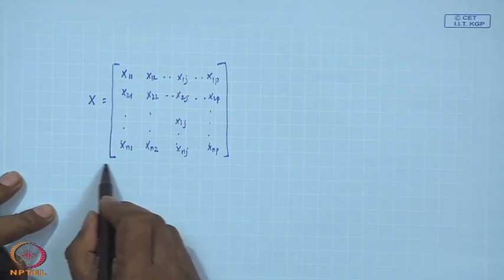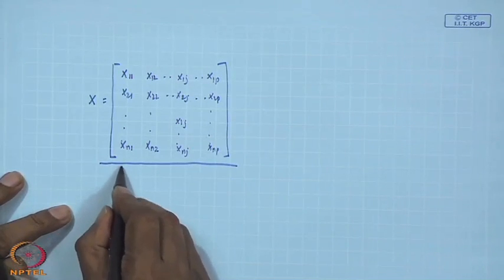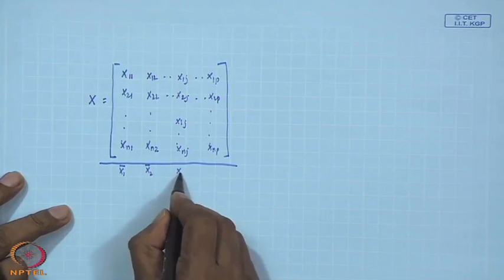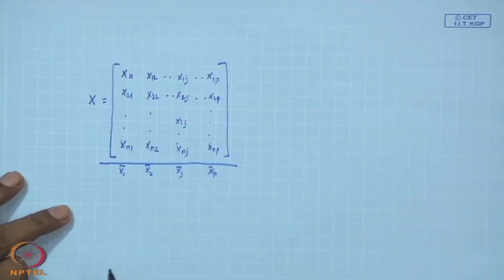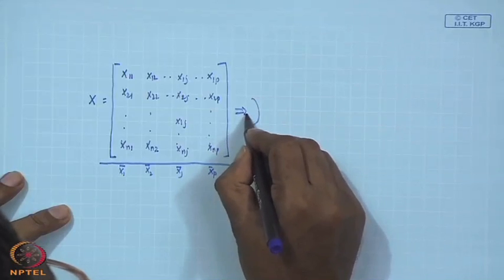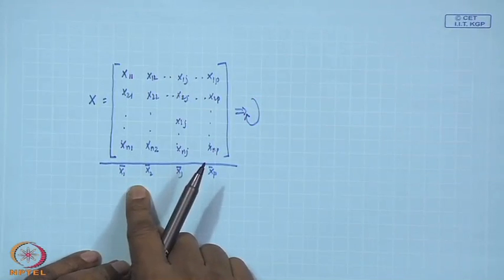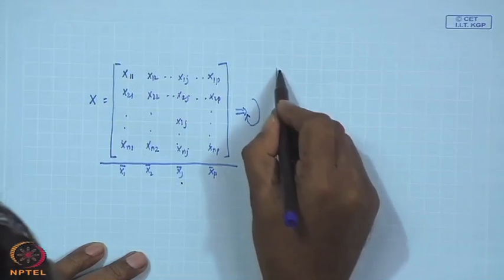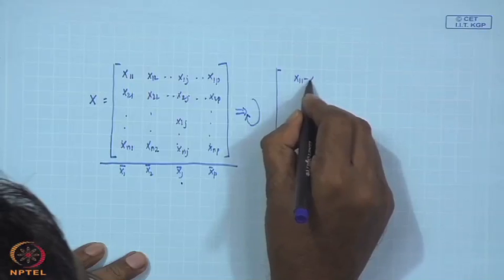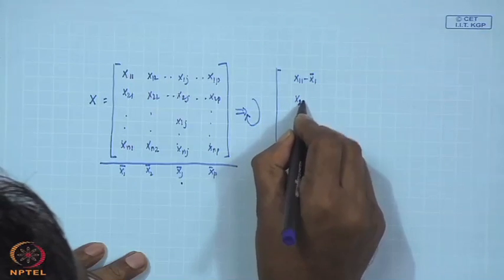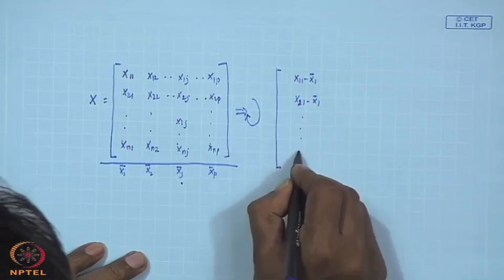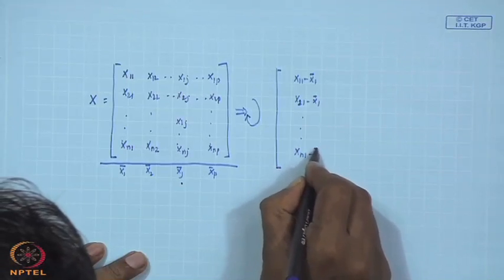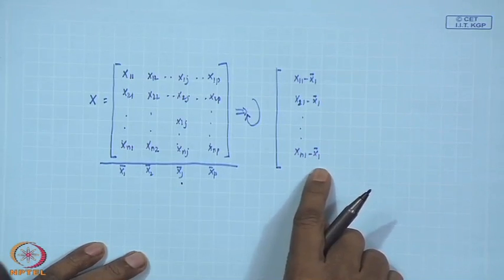You have computed here x 1 bar, x 2 bar, x j bar, x p bar. Then some conversion is taking place here, that is subtraction of the mean. If I subtract the mean, every observation is subtracted by its corresponding mean value.